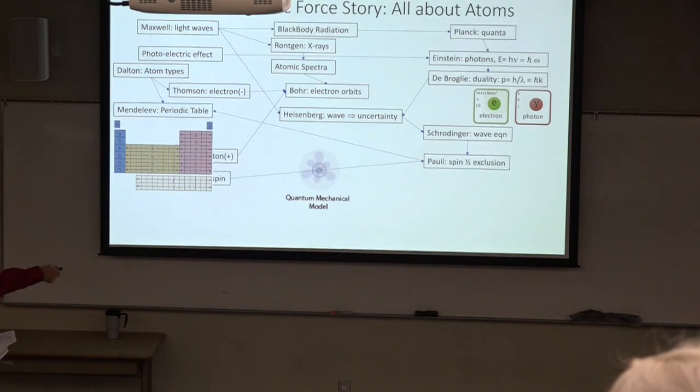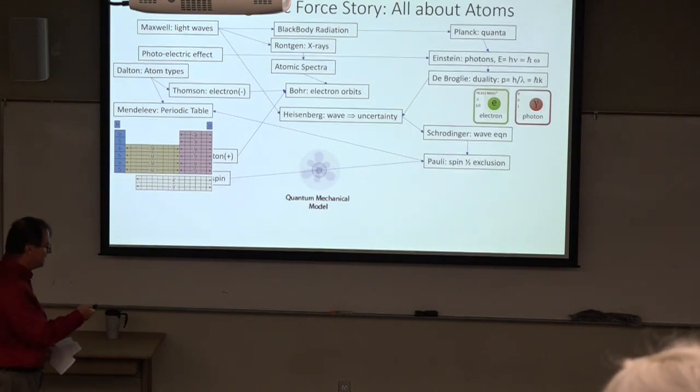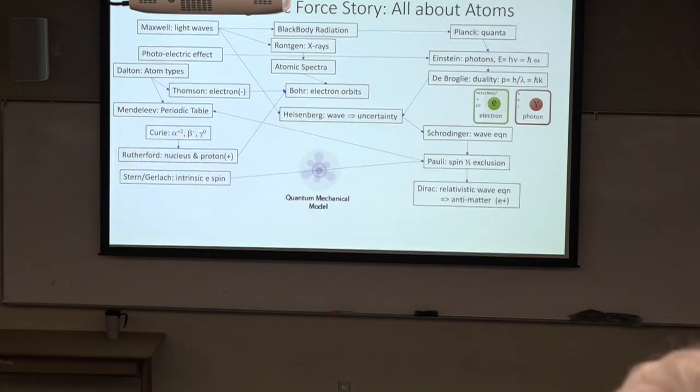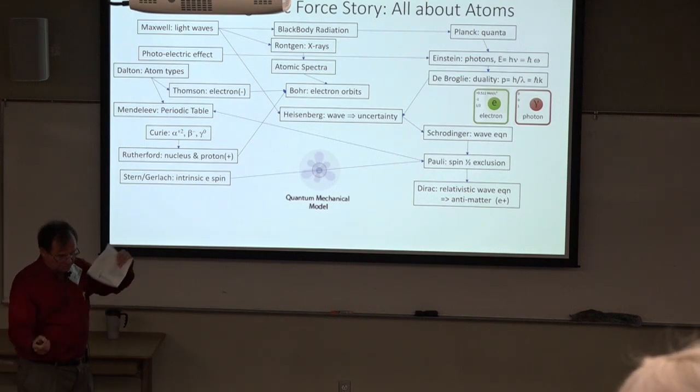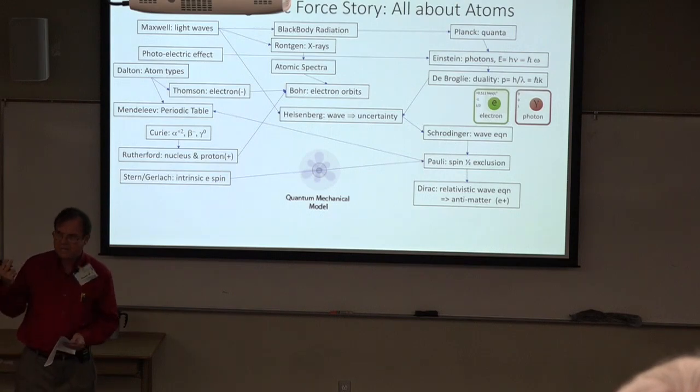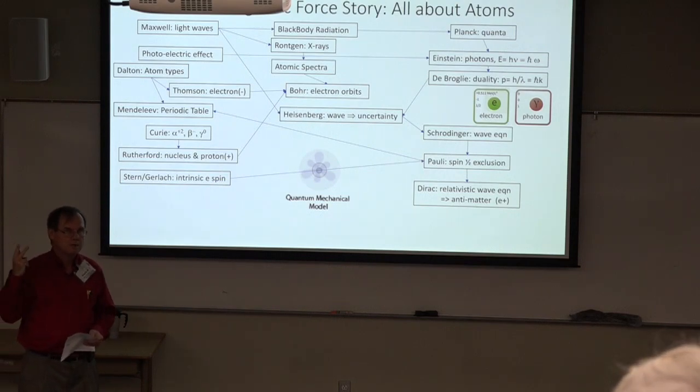what's missing from this? What's the other thing that Mr. Einstein's really famous for? Relativity, yeah, because this thing here was not a relativistic wave equation. It was only good at low energies. And so Paul Dirac made this relativistic wave equation. And when he did that, he found that his equation gave him two solutions.